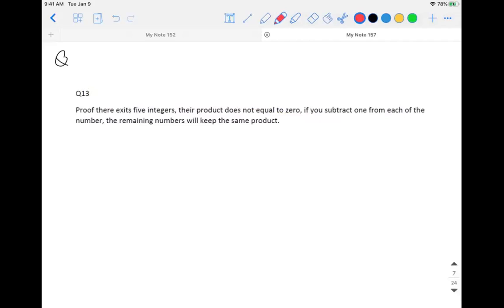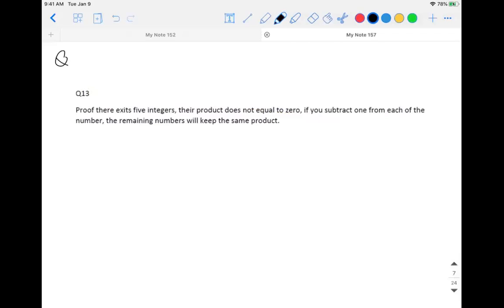Prove there exist 5 integers whose product does not equal 0, meaning none of them equals 0, such that if you subtract 1 from each of the numbers, the product remains the same. So you have something like this, right?